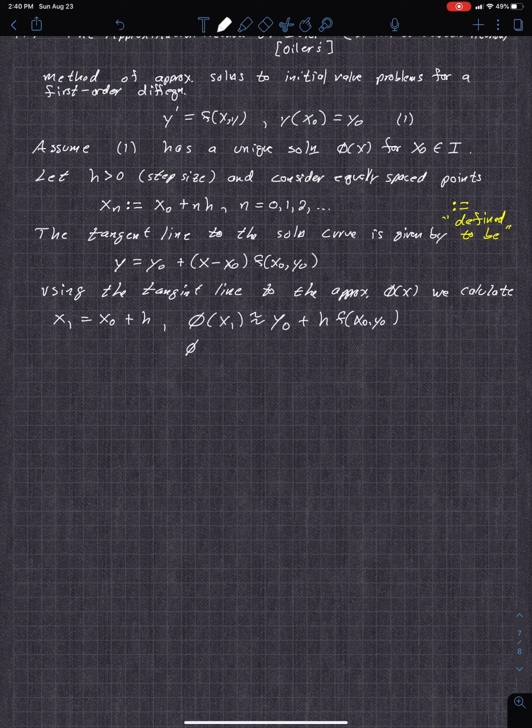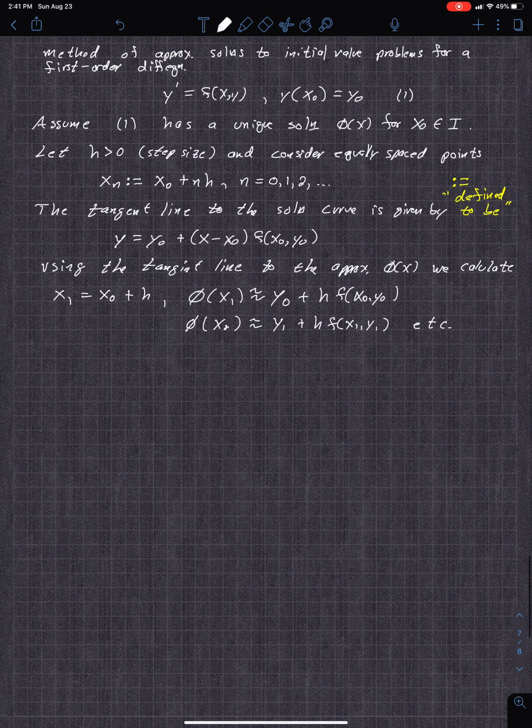So then your x2 will be approximately y1 plus h times f of x1, y1. And you keep going in that manner.